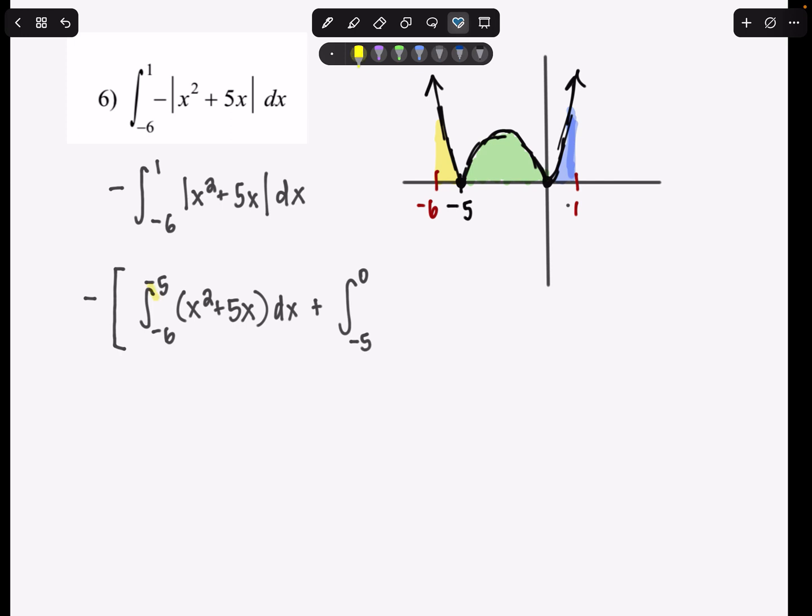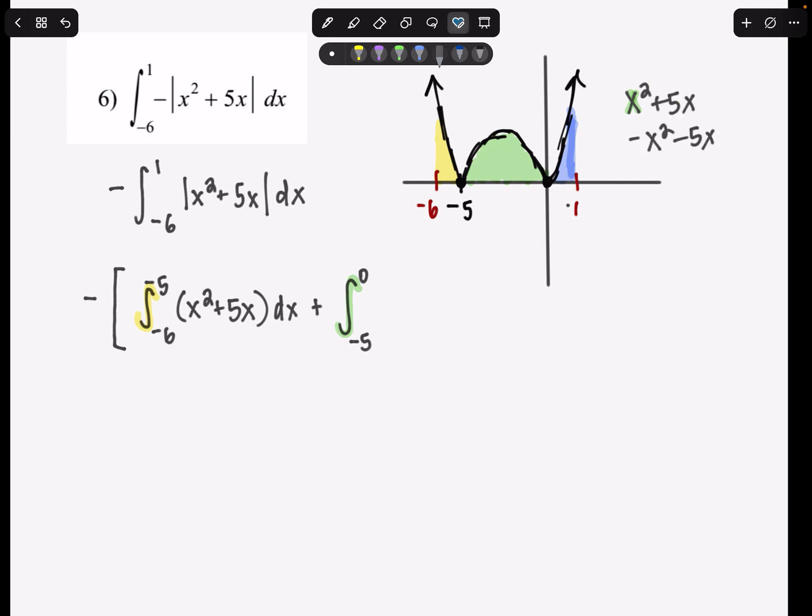And that's the green part. Okay. This is the green part right here. And that was because I had to flip it up, I had to take the opposite. That's what flips it up, the opposite. So instead of x squared plus 5x, I've got the opposite of all of that.